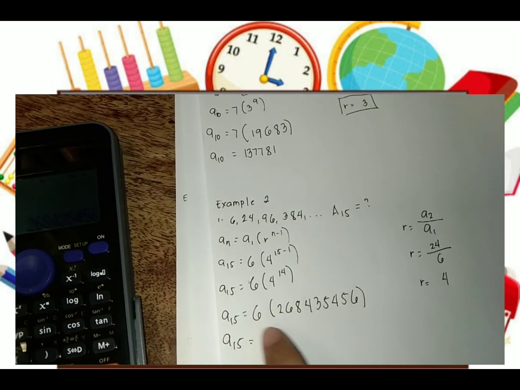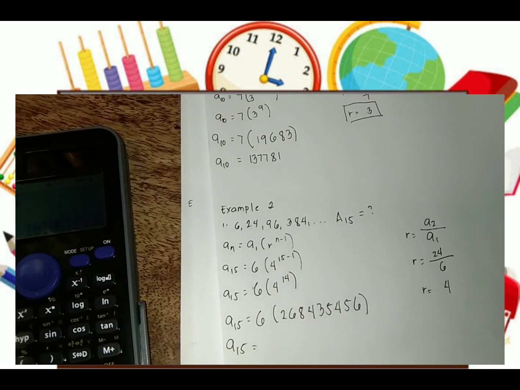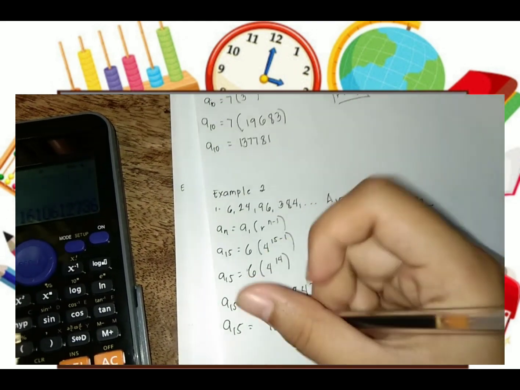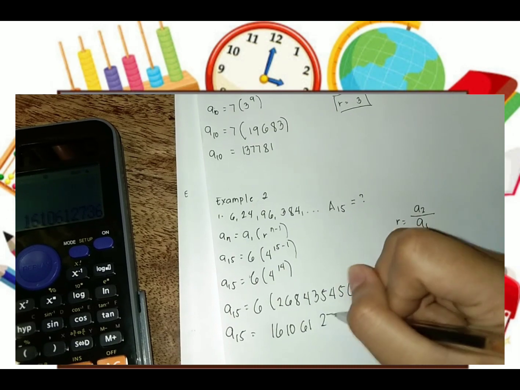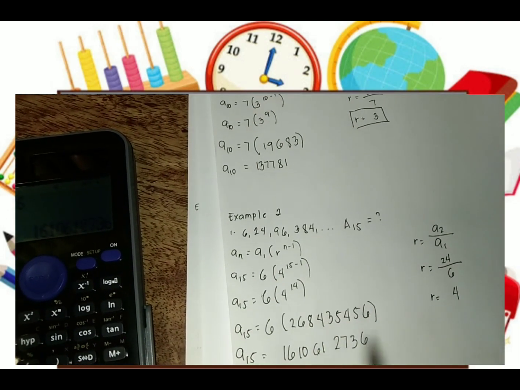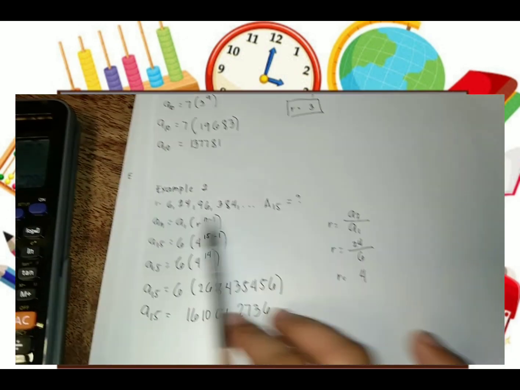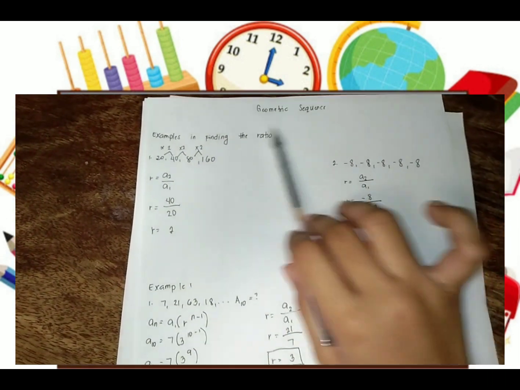So 6 times this is equal to 1,610,612,736. This is the answer in our second example in geometric sequence.